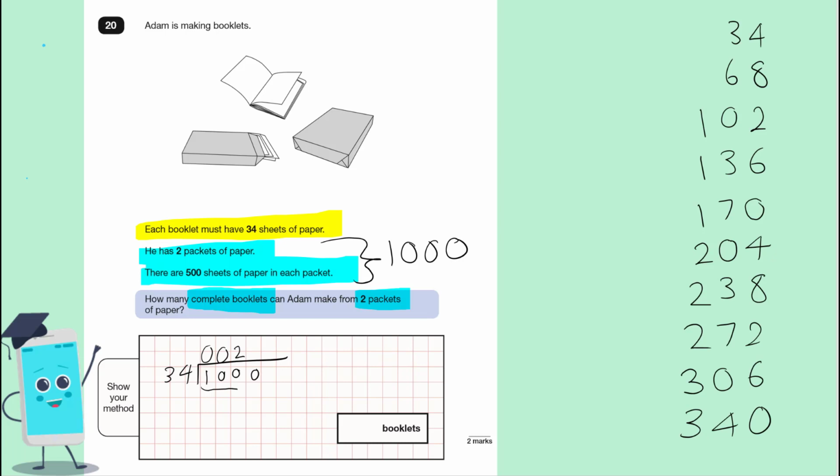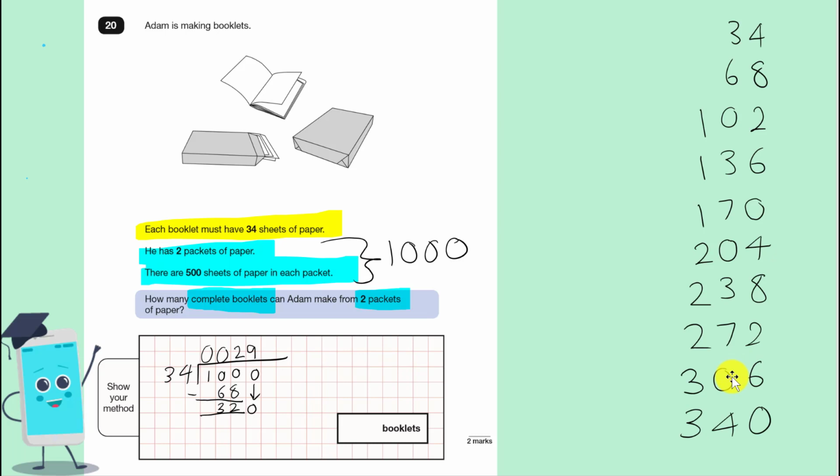I'm going to prove that by writing 34 times 2 is 68. And I now subtract that. 100 take away 68 is 32. So I'm going to bring my 0 down. And now how many times does 34 go into 320? If I go down my list, I can see it only fits in 9 times.